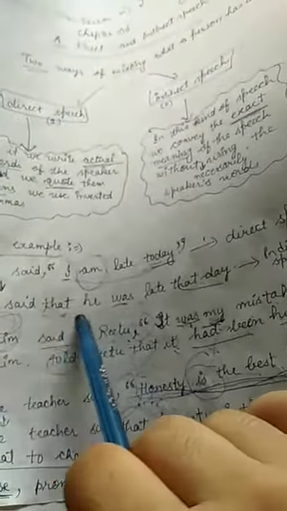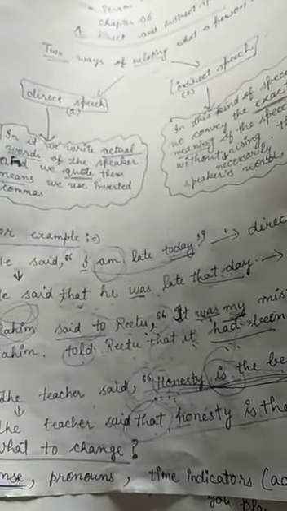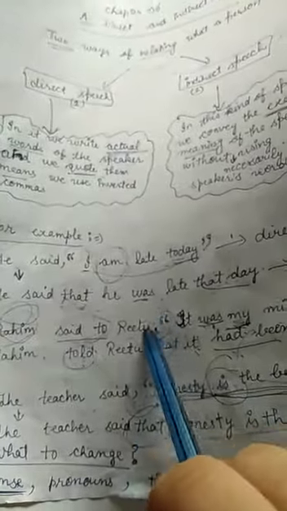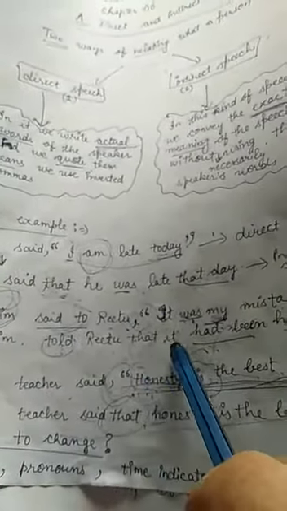Rahim said to. First of all, said to is changed into told in simple sentences. If there is a question, then there is a separate rule. We will do it later on. Just see the simple statements. Rahim told Ritu that. This will also be changed into that. It will remain it.